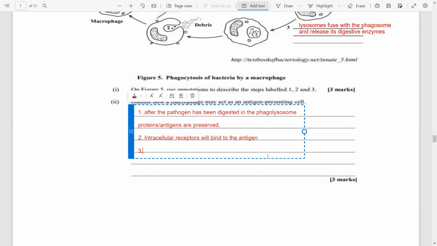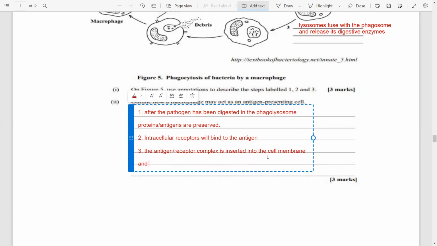And then now the antigen receptor complex is inserted into the cell membrane and presented to the helper T cells.